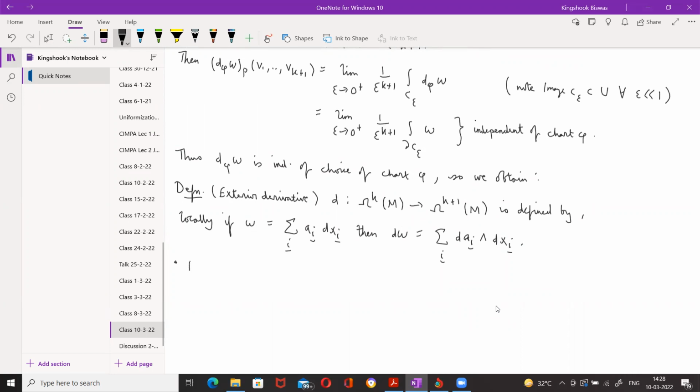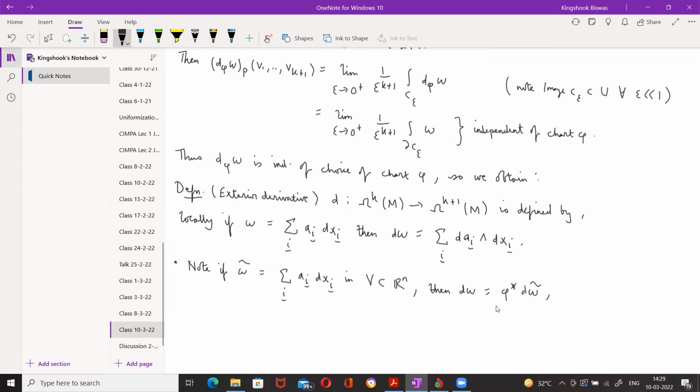And note, if omega tilde is equal to the same sum over I bar of a_I bar dx I bar in Rn, then d omega is phi star of d omega tilde.